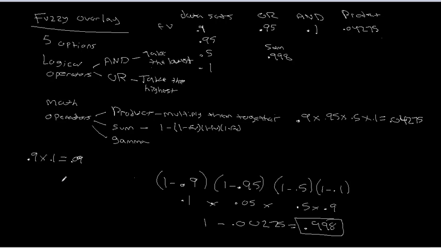The fifth operator, so let's quickly outline, right? We have and, or, product, sum, and gamma. Gamma is a combination of product and sum.